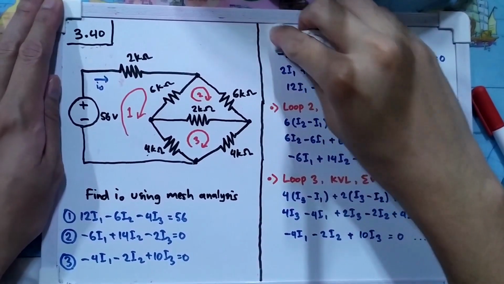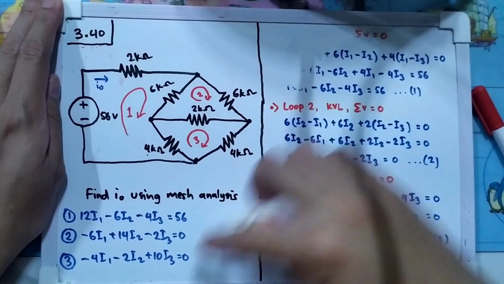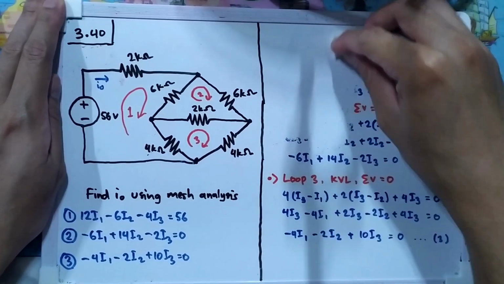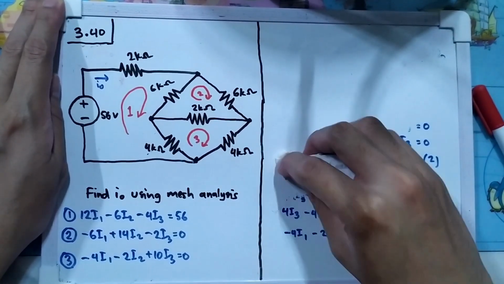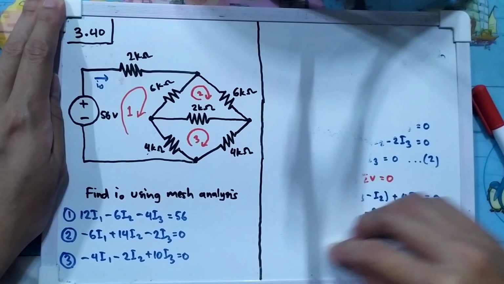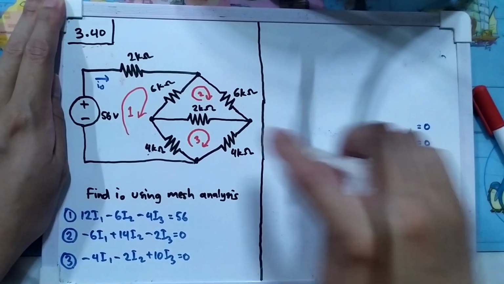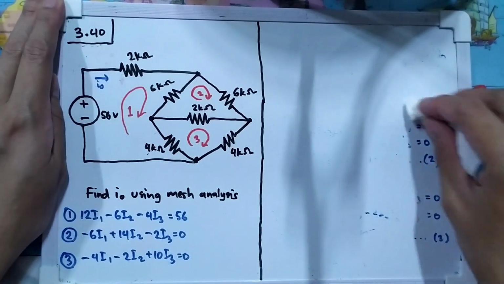So let's erase this because we saved the equations. So what we need is find I0 or I1 in this case.